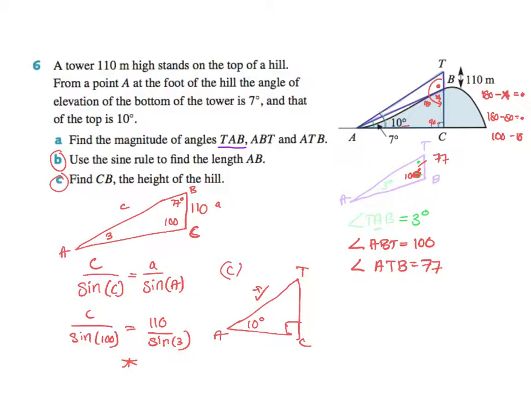You want to find this whole distance over here, which is the opposite over the hypotenuse. So you could use sine and so on. And then whatever your answer is, just minus 110. So BC is actually equal to TC minus 110. And that's how you do it. I'll let you do the workings out, but hopefully that helps.